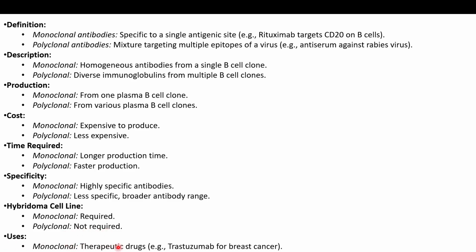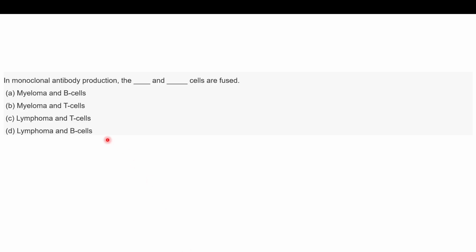Monoclonal antibodies can be used for therapeutic drugs, and polyclonal ones can be used for general research and applications. So now the answer to this question: this is about hybridoma technology. Which kind of cells are fused? Myeloma and B cells, option A.